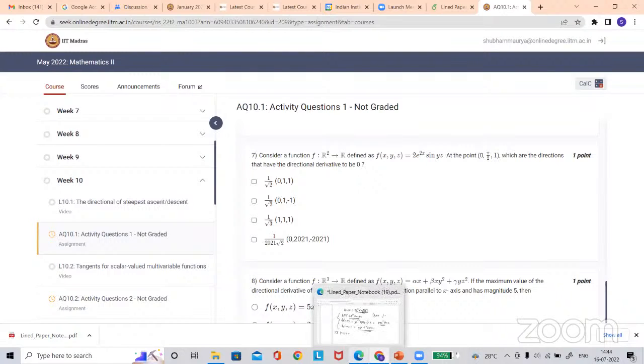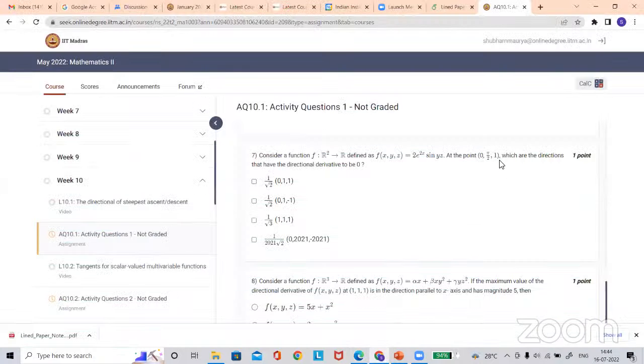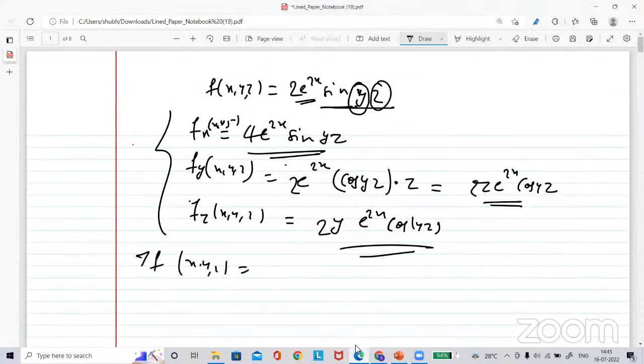No, only the remaining part is doing this calculation. What you have is 0, pi by 2 and 1. Pi by 2, 1. So pi by 2 gives you 4, and this is 0 here. 4 into sine pi by 2, which is 1, so this is going to be 4.